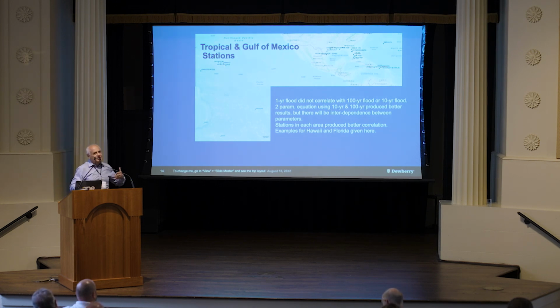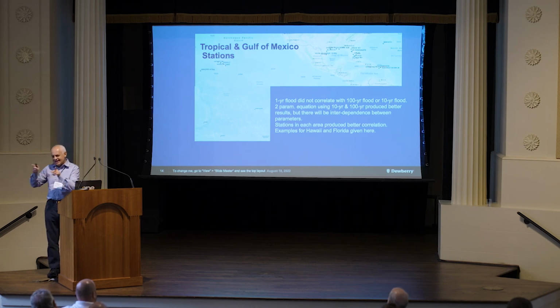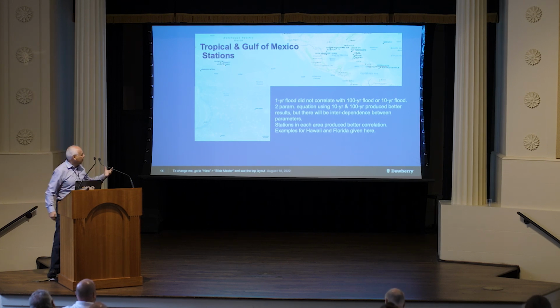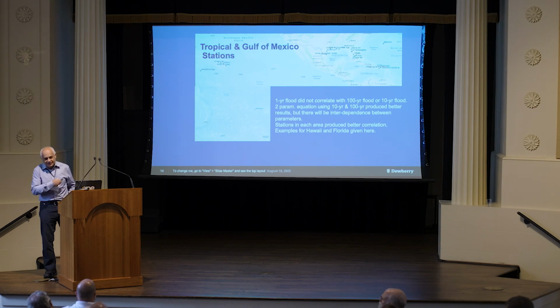You can develop a 2-parameter equation using both the 100 and 10-year to predict the 1-year, but then there is the statistical problem of interdependence between your predictive values, which I really didn't like. So I didn't even present any of those equations here, because they won't be statistically defendable.